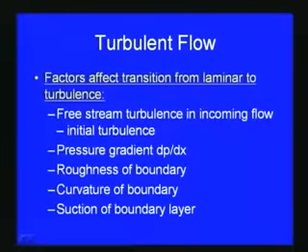The first one is free stream turbulence in the incoming flow, that means initial turbulence. Free stream turbulence means the flow is already laminar, and then you are disturbing the flow.